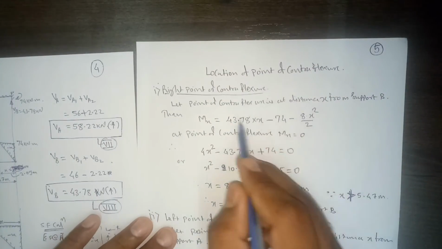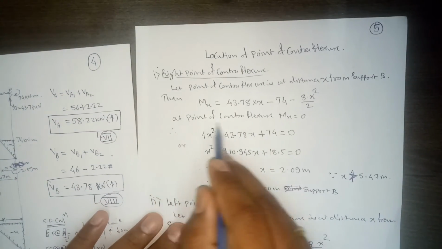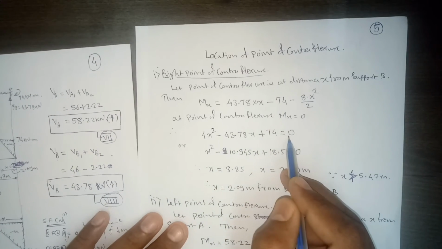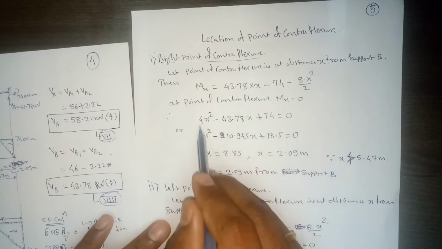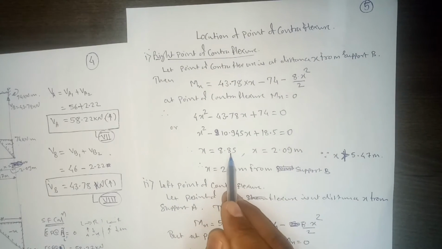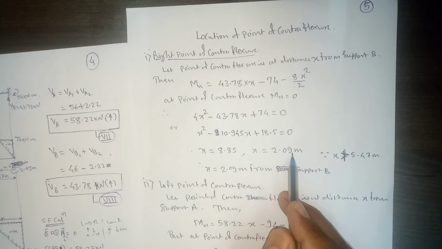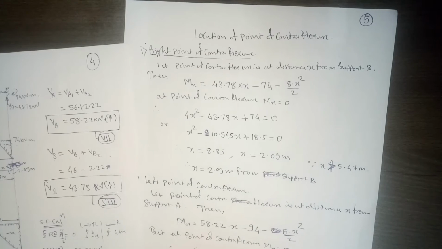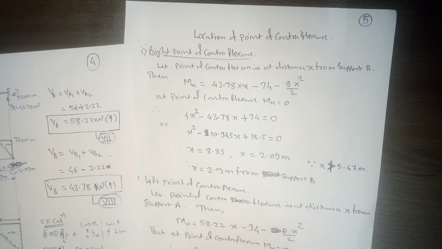So this is a quadratic equation. Now at the point of contraflexure, Mx should be 0, so we are substituting 0 and solving this quadratic equation. You will get two values, one is 8.85 and the other is 2.09 meter, but 8.85 is an invalid answer.